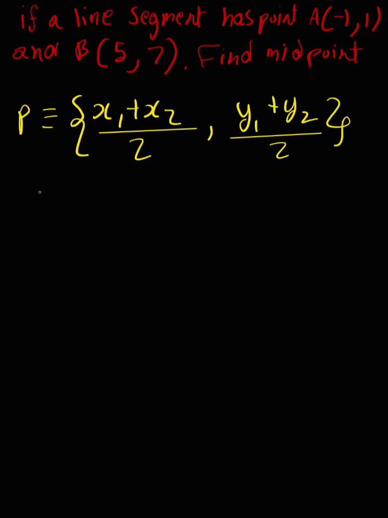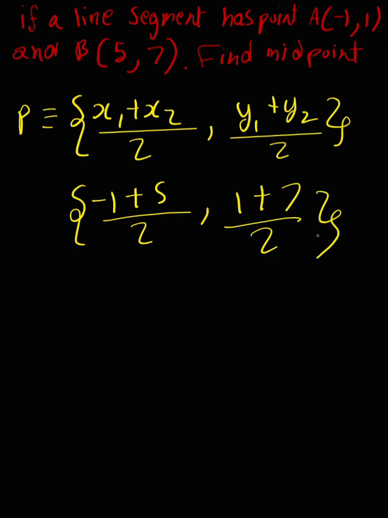If we substitute our values, we will get minus 1 plus 5 upon 2 comma 1 plus 7 upon 2.